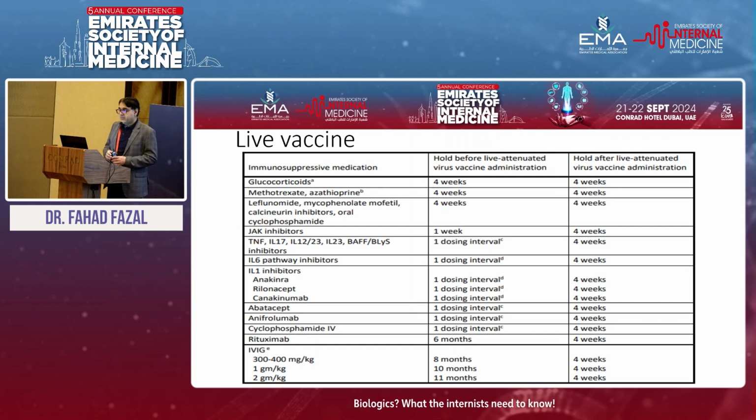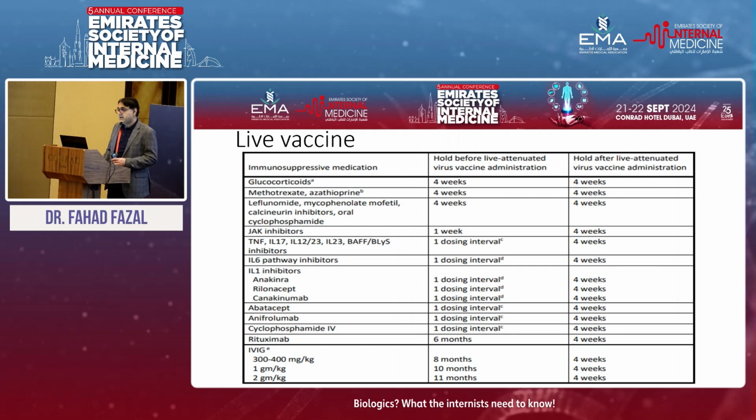For the biologics, it all depends on their half-life. You can see here it says you have to stop it 1 dosing interval. So if the patient is taking a weekly biologic, you have to stop it for 2 weeks before you give them the live vaccine, and you have to restart it 4 weeks after giving the live vaccine.